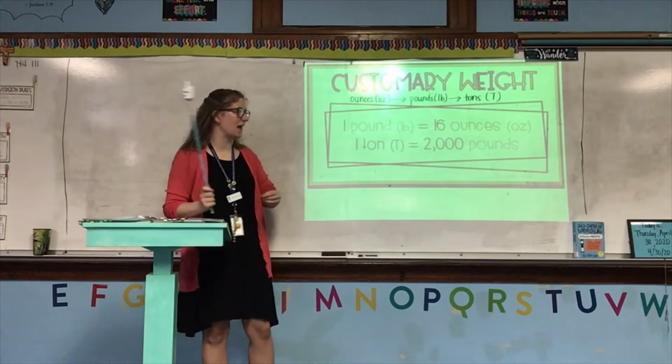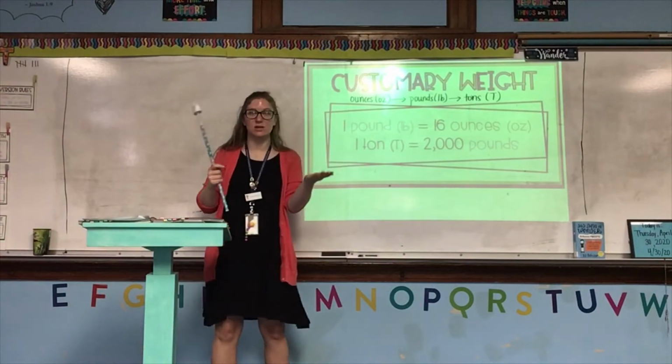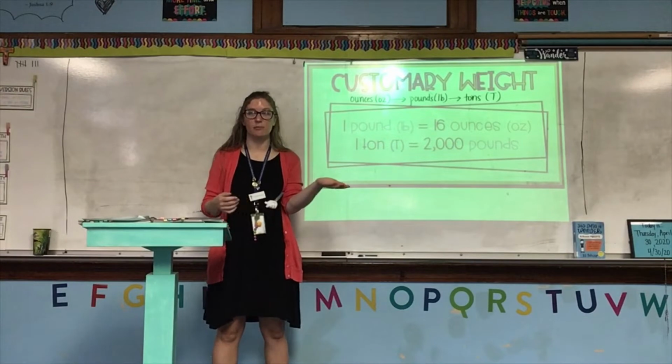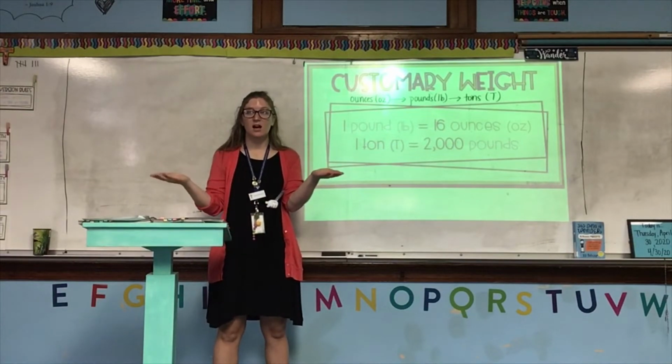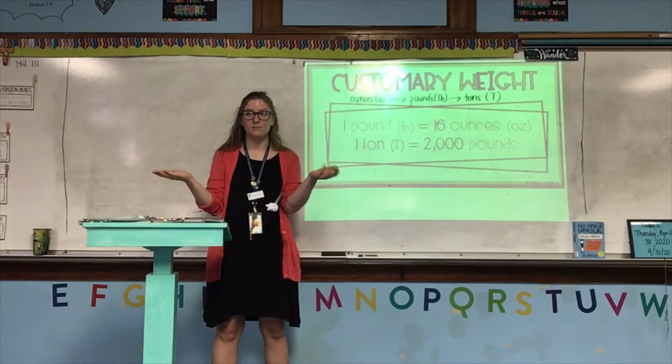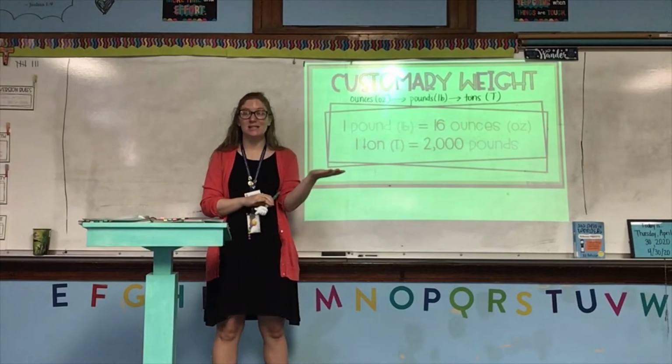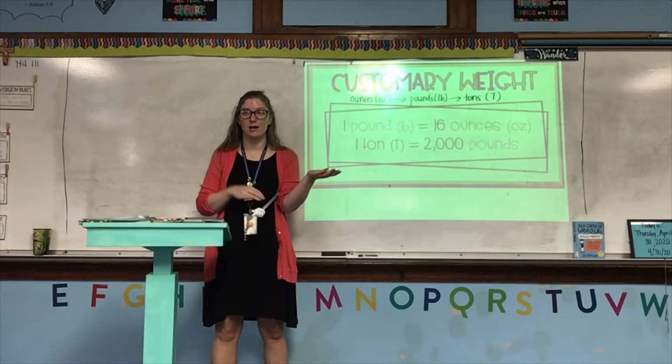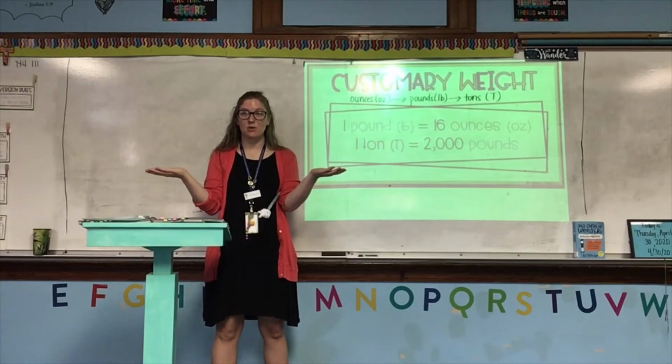So imagine that balance. For pounds and ounces, on one side you have 16 slices of bread or 16 strawberries. And on the other side, you have a loaf of bread or a pineapple, and they will be equal. They will be balanced.